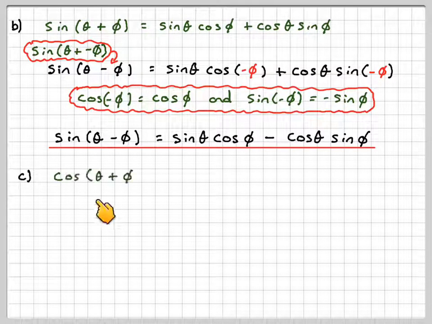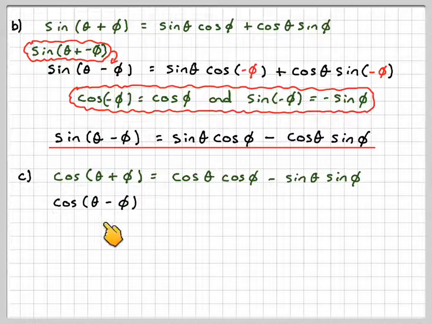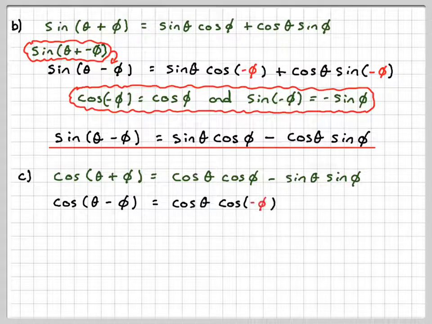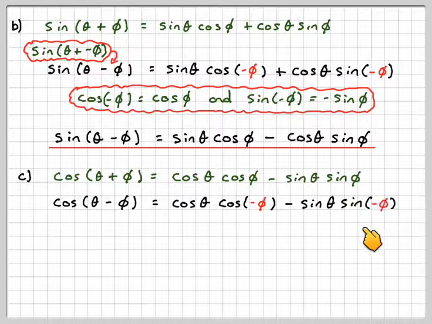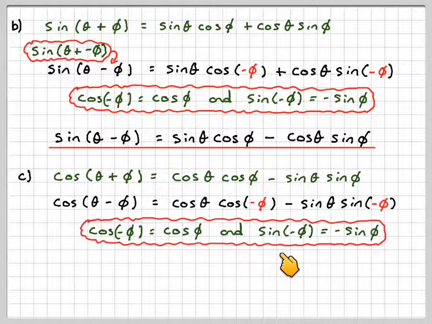Similarly, we can do cos of theta minus phi by looking at cos of theta plus phi and putting in minus phi for phi. So cos of theta minus phi gives me cos theta cos minus phi minus sine theta sine minus phi. Cos minus phi is equal to cos phi, and sine minus phi is equal to minus sine phi.